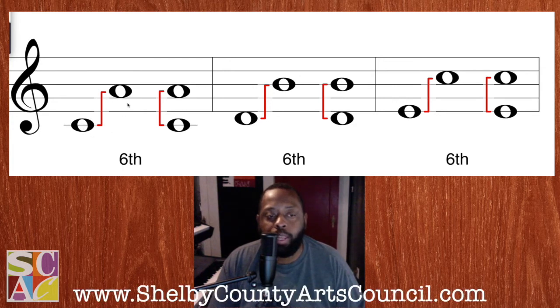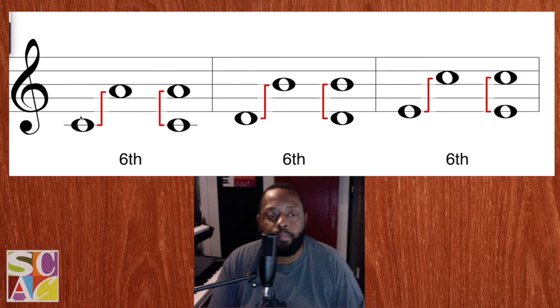So from C to A is a sixth. And like I said, it doesn't matter how you write it, whether it's this way, diagonally, or straight up. Right here from D to B, the distance is a sixth. From E to C is a sixth.